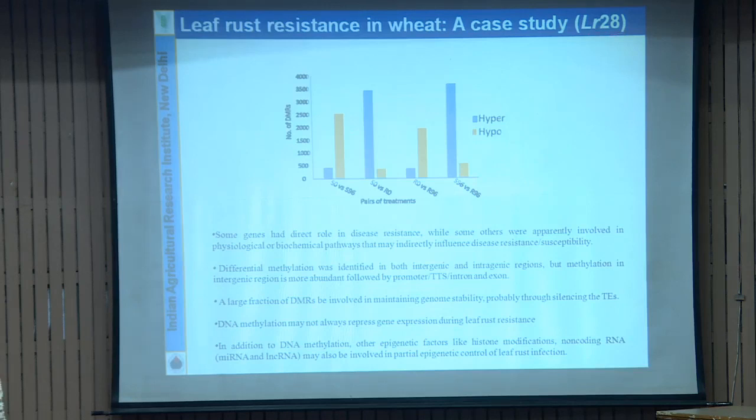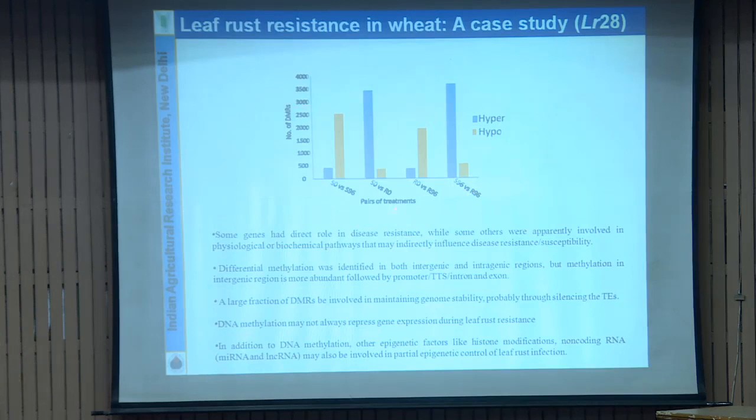There are a number of leaf rust resistance genes; we have taken one, Lr28. For this gene, we have near isogenic lines in the background of HD2329. One is a susceptible line, the other is a near isogenic line which differs only for this leaf rust resistance gene. S here is the susceptible genotype, R here is the resistant genotype carrying the gene Lr28.